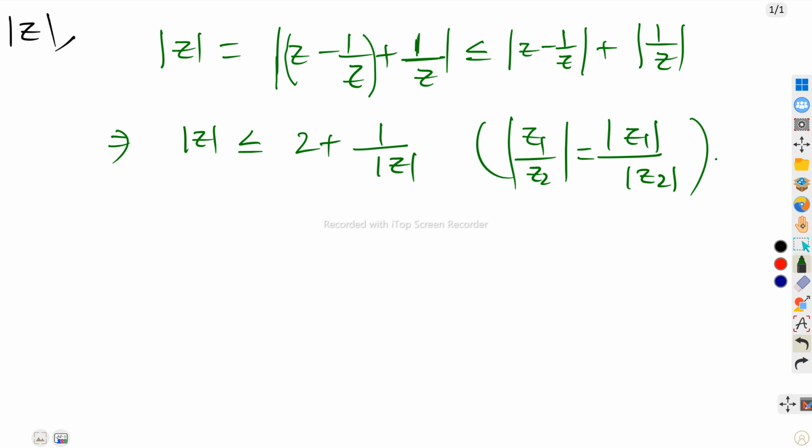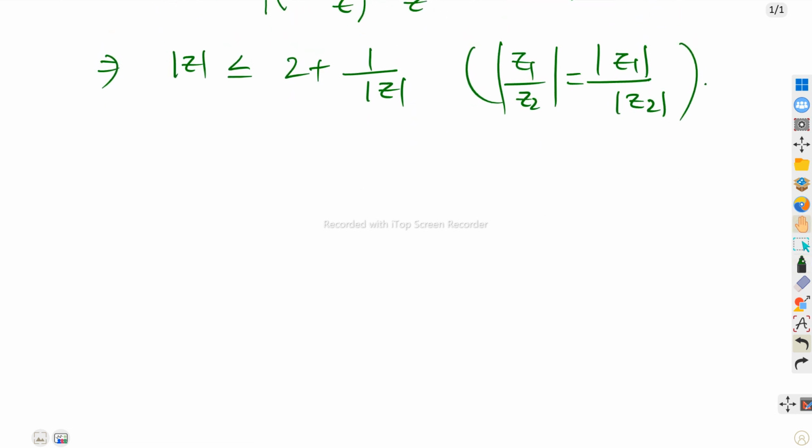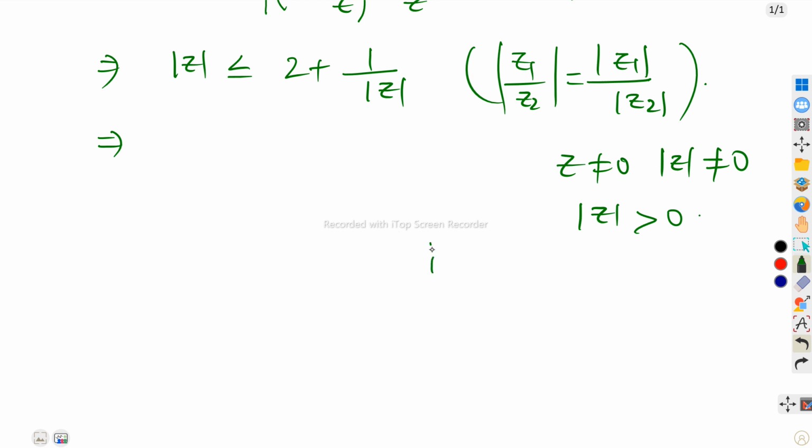Since z is non-zero, mod of z is also non-zero, and mod of z is always greater than or equal to 0, but mod z is not equal to 0, so mod of z is strictly greater than 0.